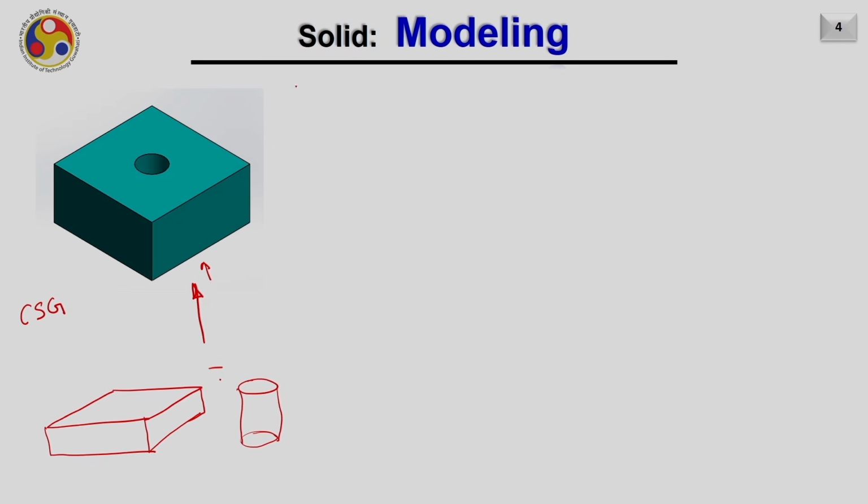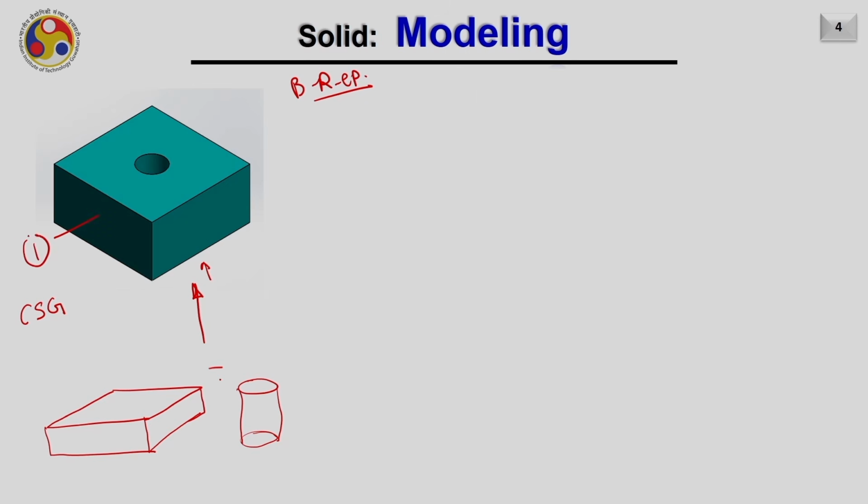Another strategy is called boundary representation, or BREP. In BREP, the solid model is represented by its surfaces. So for example, in this particular object, there are 7 surfaces.